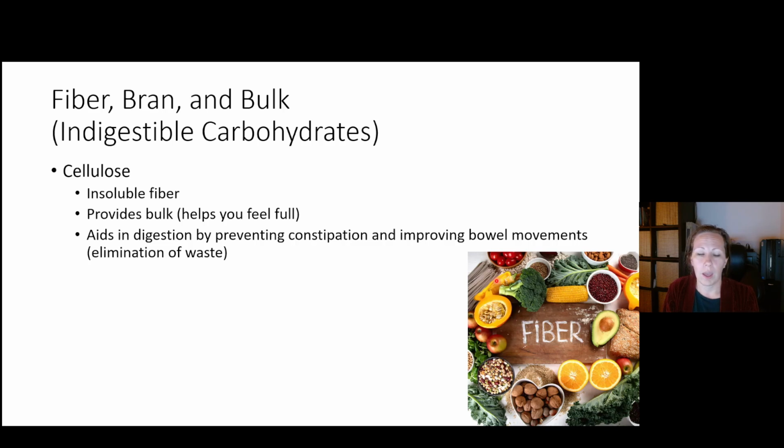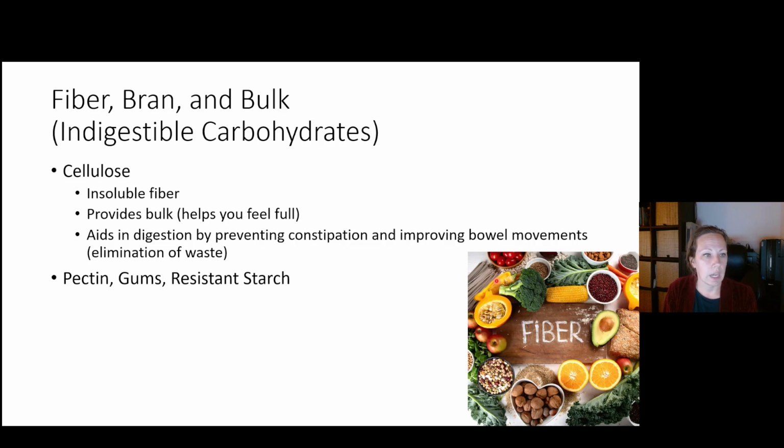How this works is it attracts water into your stool, making it softer and easier to pass. Cellulose can be found in whole wheat flour, wheat bran, nuts, beans, vegetables such as cauliflower, green beans, potato skins, and lots of other vegetables.